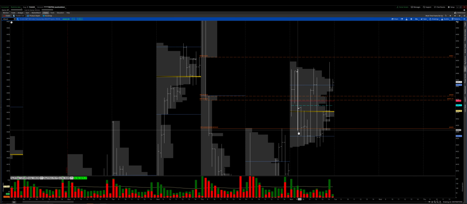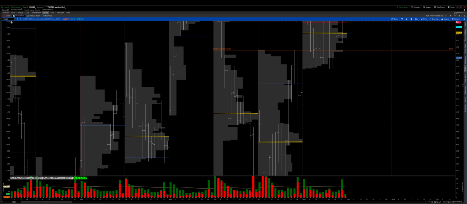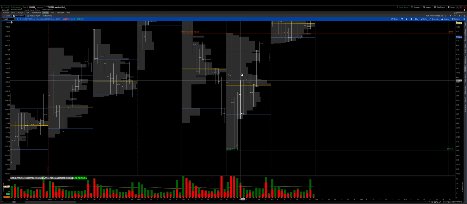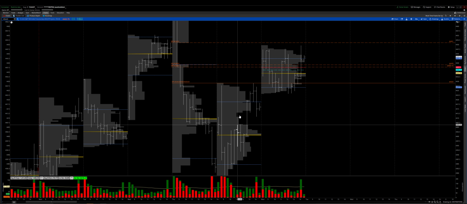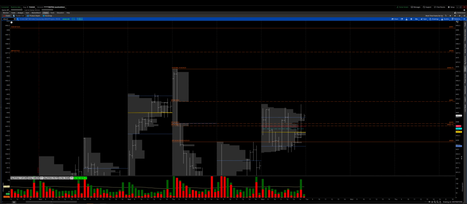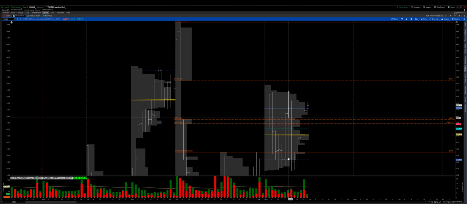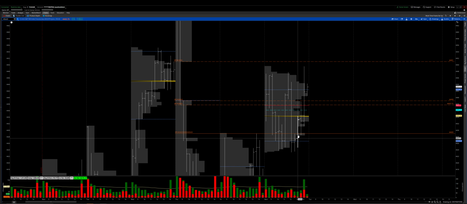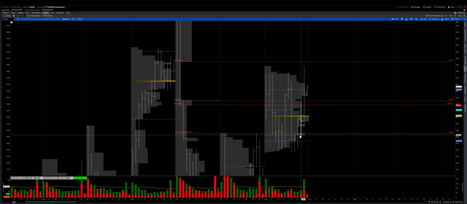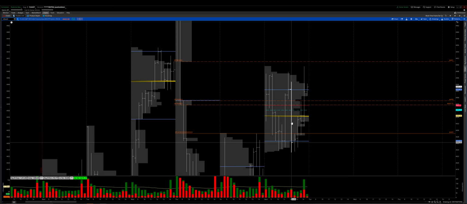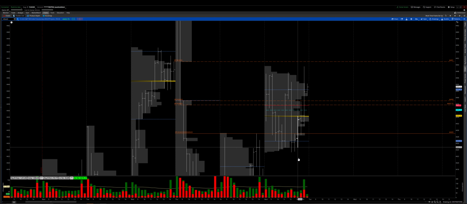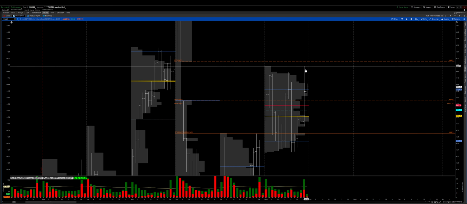Held above the lower distribution from that day, and stayed above basically value area from Friday and stayed out of Friday's range for the most part, only to just sit here, chop in between previous high day and kind of do nothing before getting absolutely pushed up here late in the evening, only to roll it back down, get balled up again, and squeeze it back up to make a new high on the day.